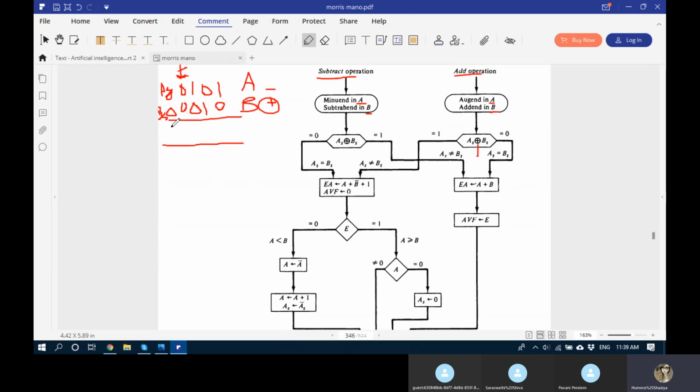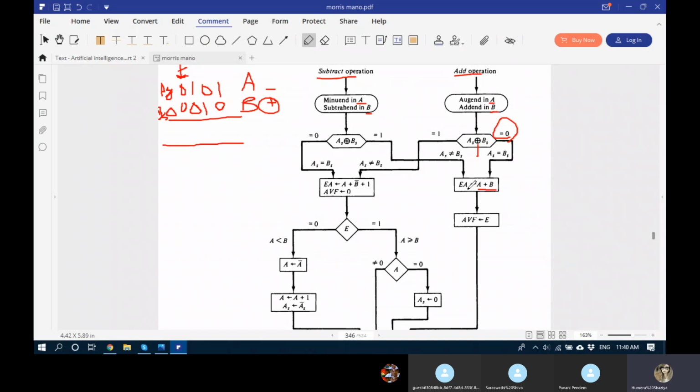For 1 1 it gives 0, for 0 0 it gives 0, for 0 1 it gives 1, and 1 0 it gives 1. Okay, so when both are 0 0, and suppose we are doing plus not minus, AS XOR BS will generate 0 because both are 0 0. So XOR will give 0. When it is 0, then what you have to do? You have to perform addition.